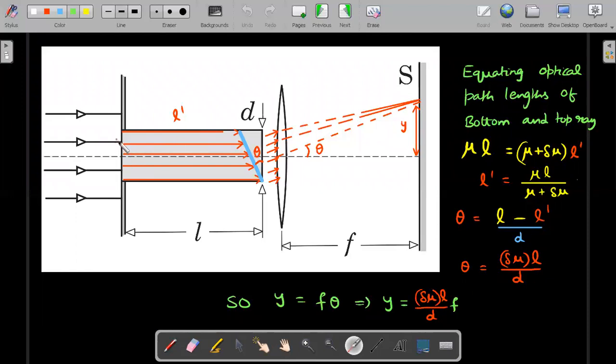Now you realize that if I have a wavefront here, different points on that wavefront start out with the same phase. Since at the bottom mu is lower, it will travel faster in a given time. In the same simultaneous time, because mu is larger here, it will travel a lesser distance. Optical path of the top and bottom is the same, geometrical paths are different.